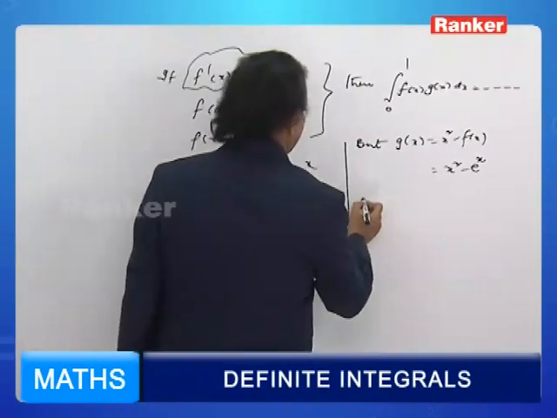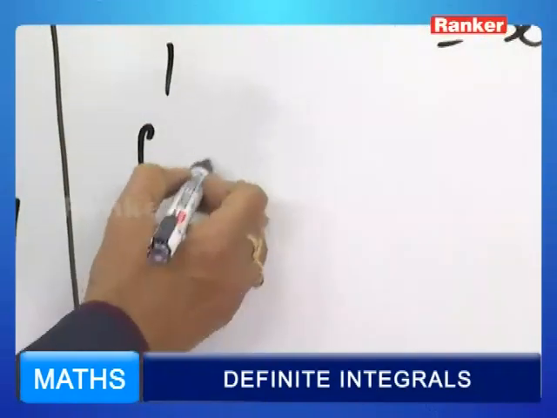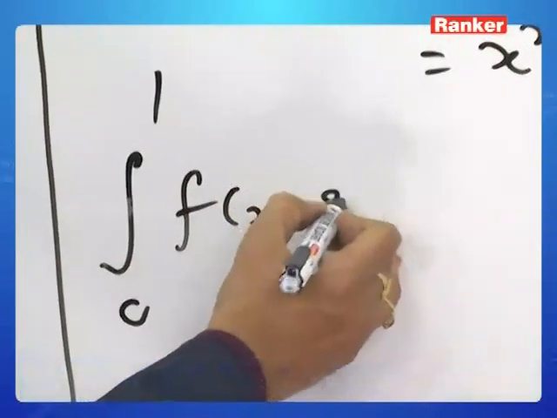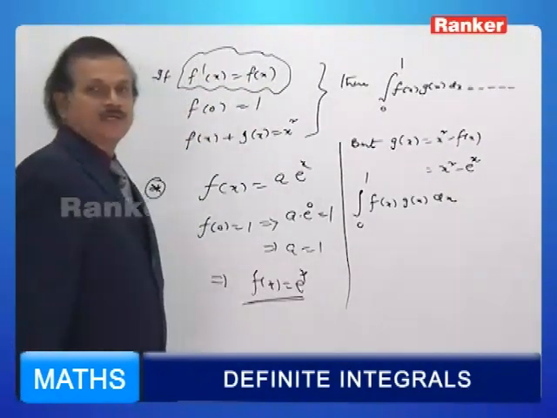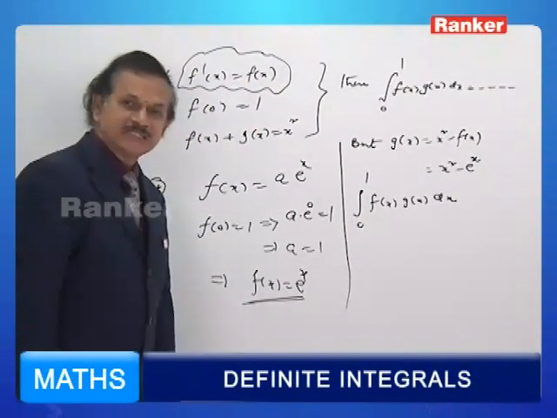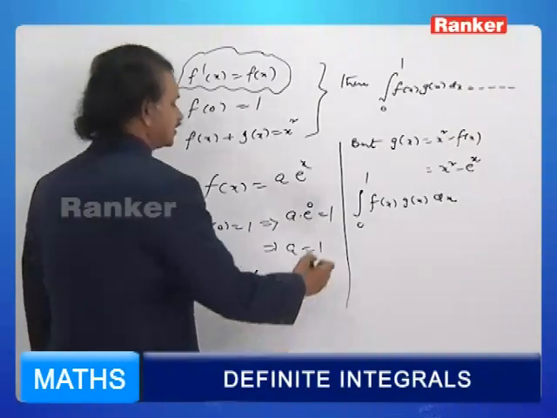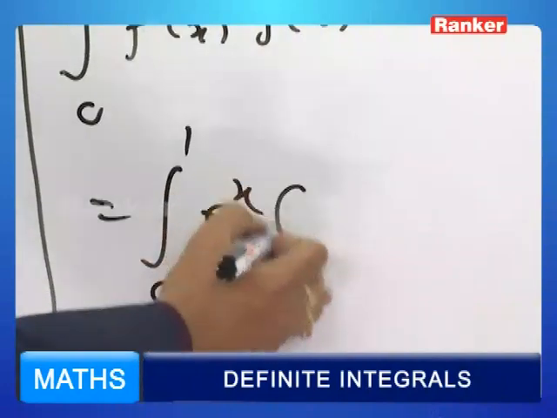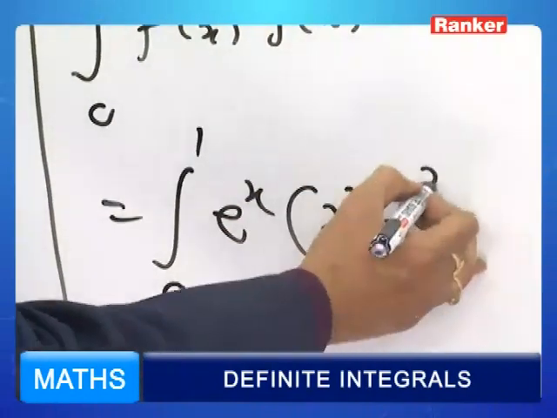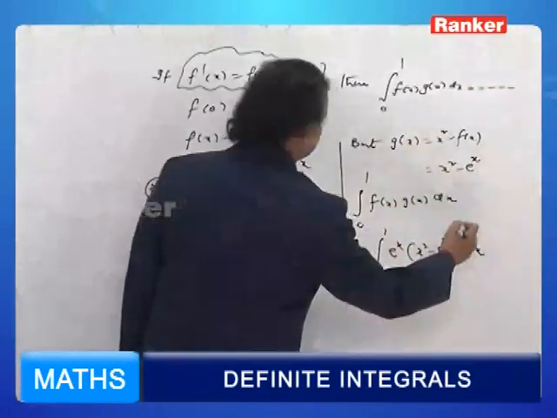But you see, we are asked to have integral 0 to 1 f of x into g of x, isn't it? What is f of x? It is equal to integral 0 to 1 e power x into x square minus e power x dx.